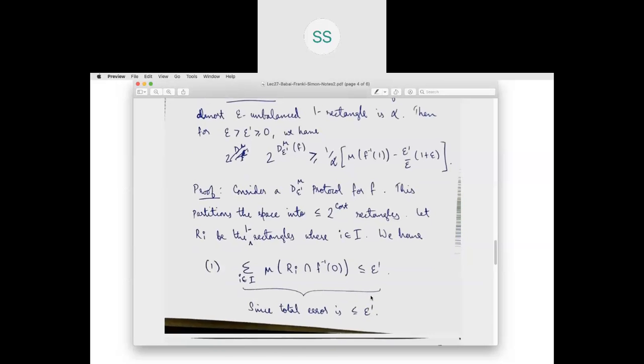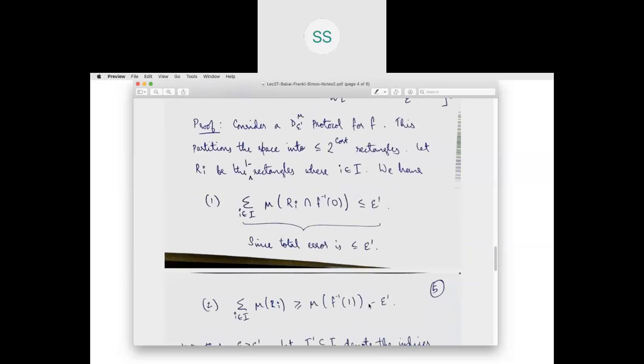So that is easy. The second thing is, if you take the sum of the measure of all the R_i's, the measure of all the 1 rectangles, you want it to be close to the total measure of ones in the entire matrix. Because if it is too far apart, then that itself means there are lots of errors. How far apart can we allow it to be? The error permitted is epsilon prime.